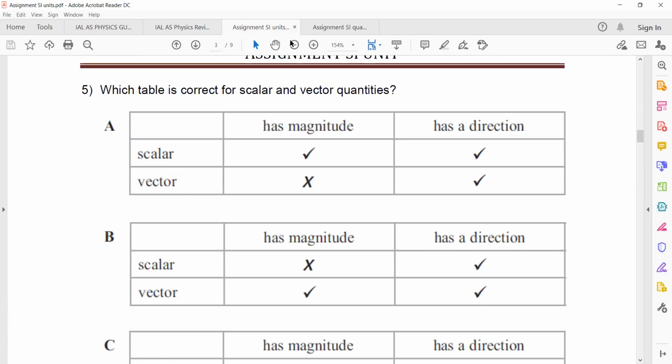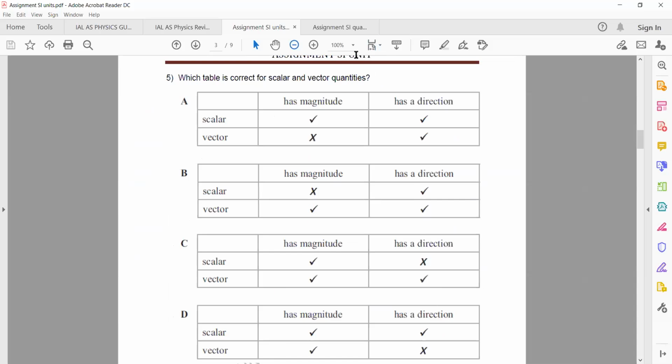Which table is correct for scalar and vector quantities?